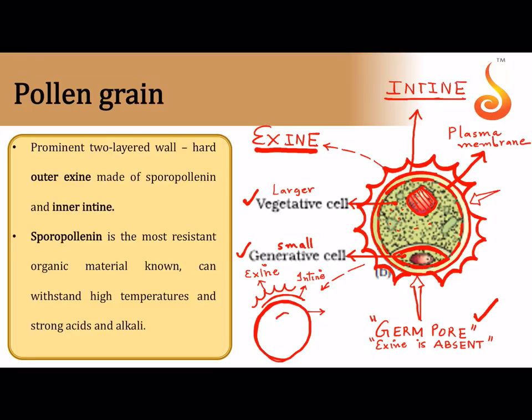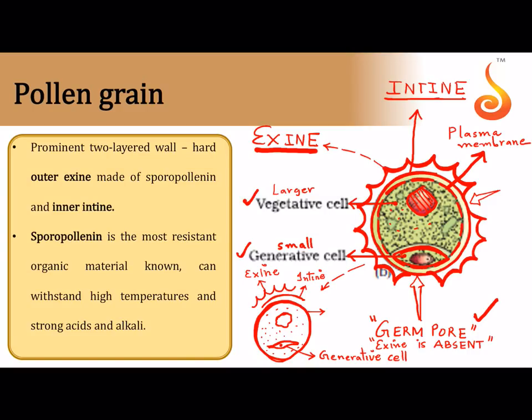Now in later stages, what happens is, this is the irregular nucleus of the vegetative cell. This generative cell becomes very flat, and it starts floating in the cytoplasm of the vegetative cell. See, what I'm showing you here in dots is the cytoplasm of the vegetative cell, and this spindle shaped or vermiform cell which is floating in the cytoplasm is what is referred to as the generative cell.